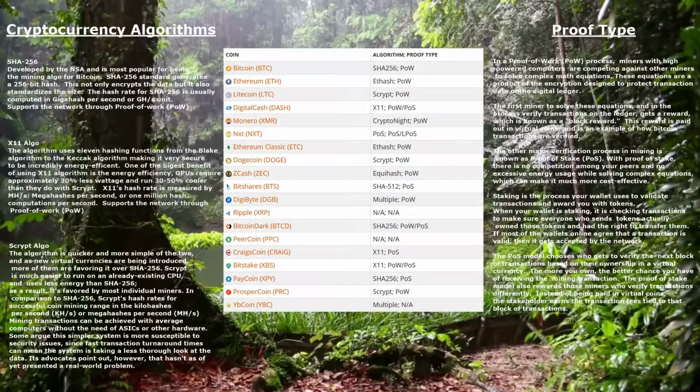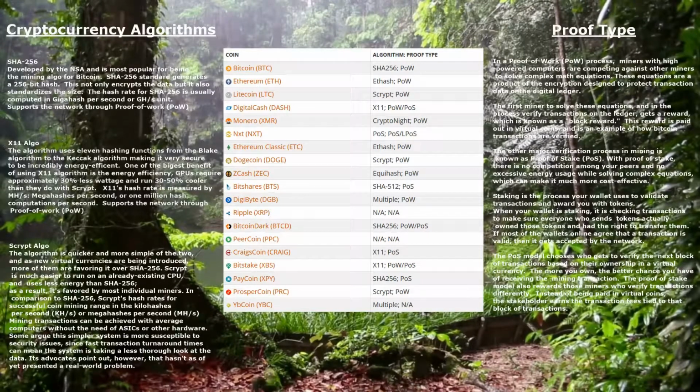So now the Scrypt algo, this algo is quicker and more simple of the two. And as new virtual currencies are being introduced, more of them are favoring this algo over 256 or Scrypt because it's much easier to run on an already existing CPU and uses even less energy than SHA-256.